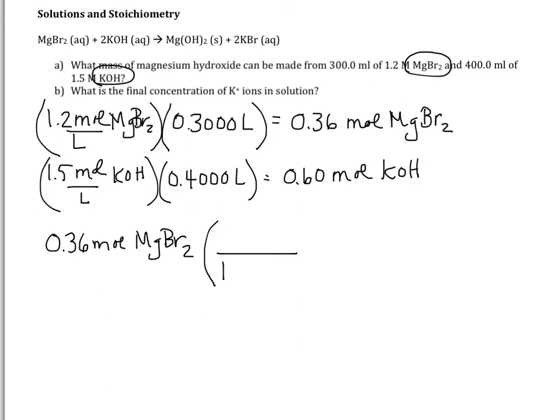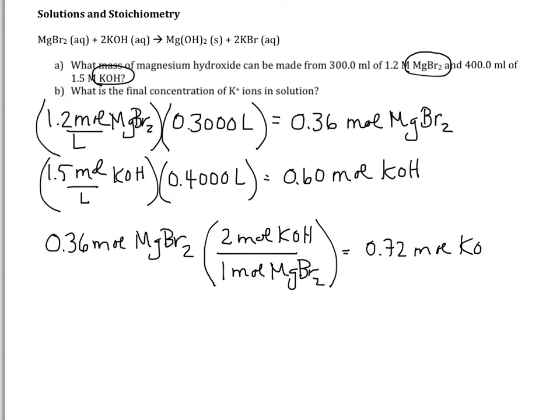So I know that for every 1 mole of MgBr2, I need 2 moles of KOH, potassium hydroxide. And so that means that 0.72 moles of KOH are needed.